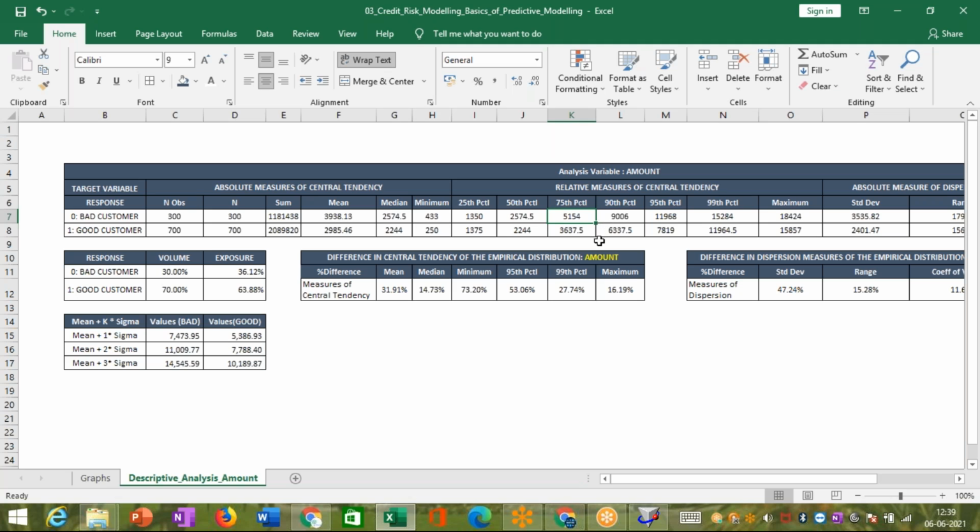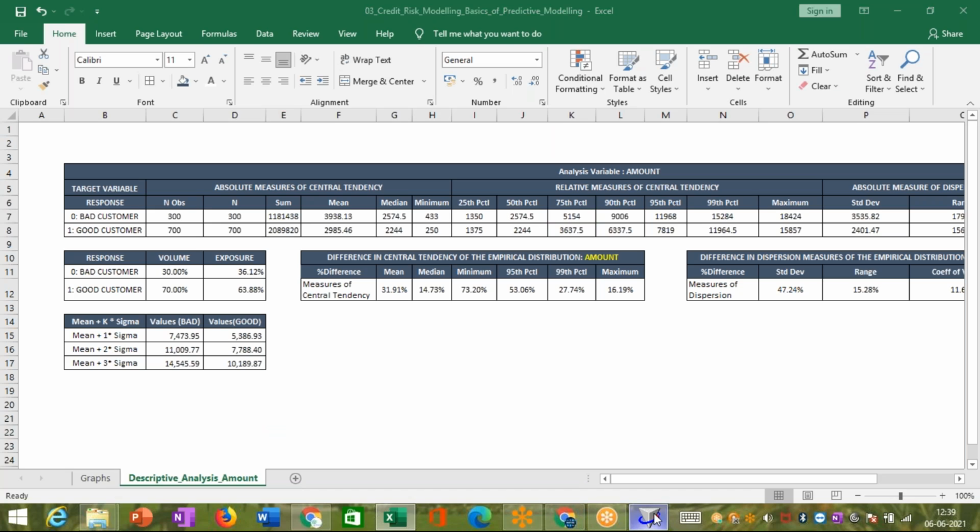So it shows that nearly 80% of the bad accounts lie within this plus minus 1 sigma, right?